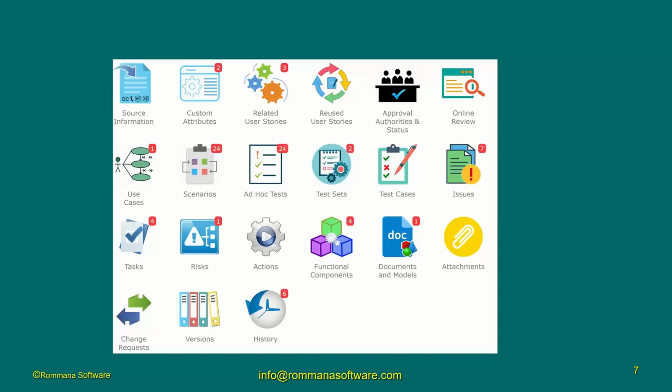If it is more than one person, for example, the customer and the product owner, you can also say whether any one of them can approve it or both of them must approve it. And if both of them must approve it, then you can specify the order in which the approval should take place. It's a very sophisticated approval protocol that Rommana ALM allows you to do for anything, for requirements, for user stories, for anything.